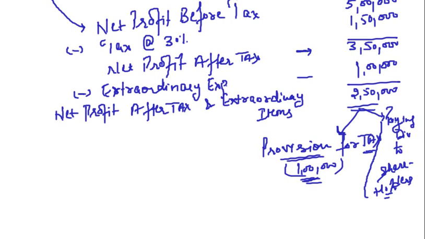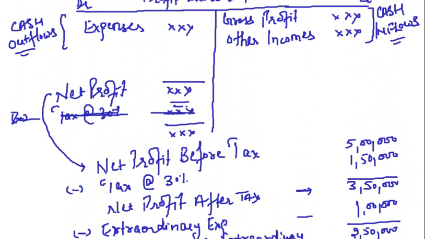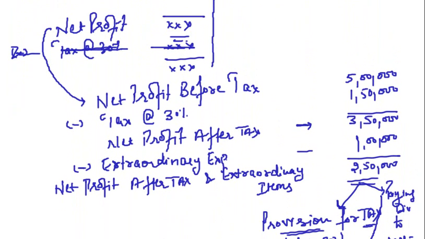Now, coming to the cash flow. I hope this much is clear. We prepare profit and loss account, we get the net profit. This net profit is our income. On this net profit, we will pay tax at the rate of 30%, say 1,50,000. So what is the actual amount coming to my pocket? 3,50,000.